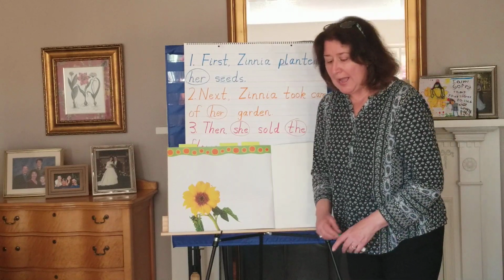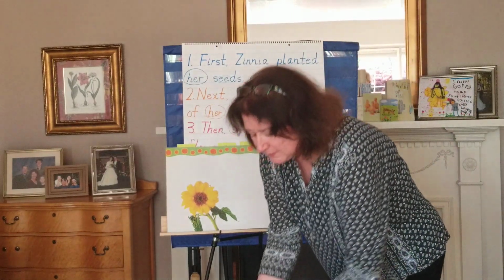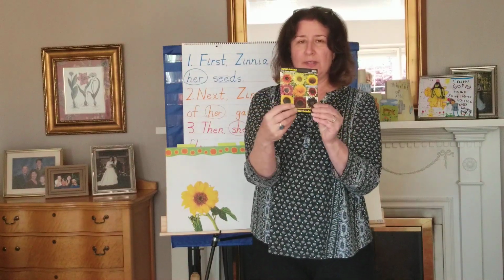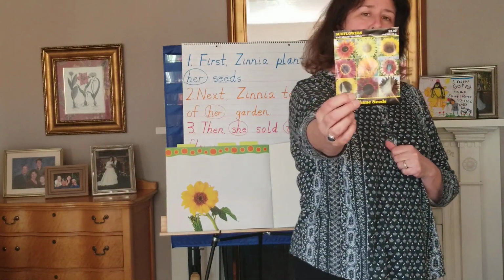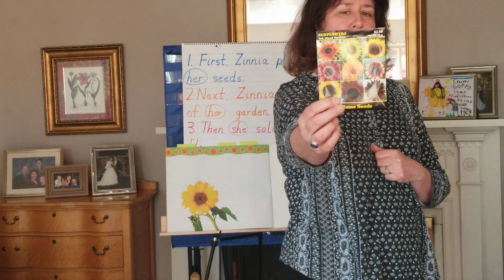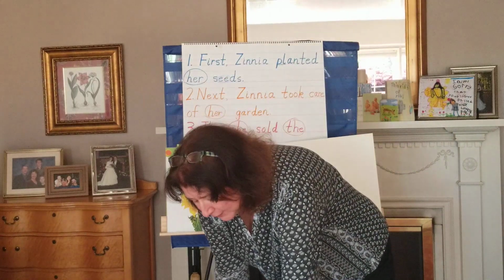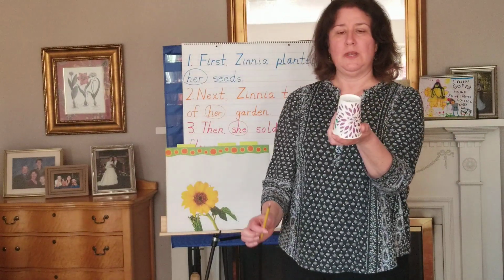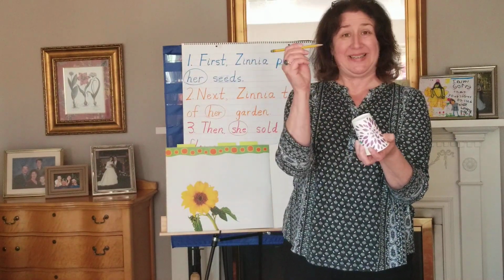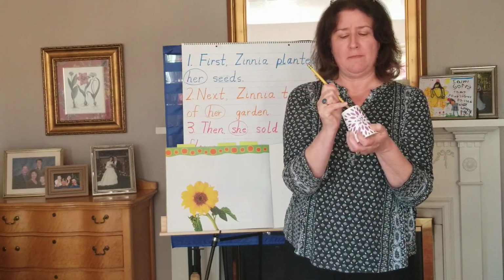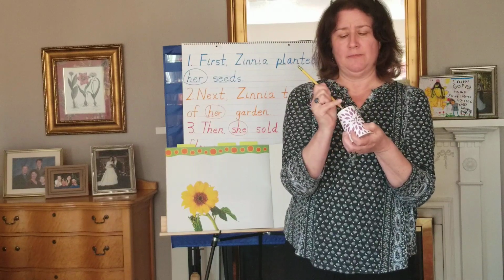So I love sunflowers. So I went to the store and bought some sunflower seeds. This kind of sunflower packet has all different kinds of sunflowers in it, kind of like a variety. And I have a cup, and I'm going to take a pointy pencil and just push a hole in the bottom, a couple holes.